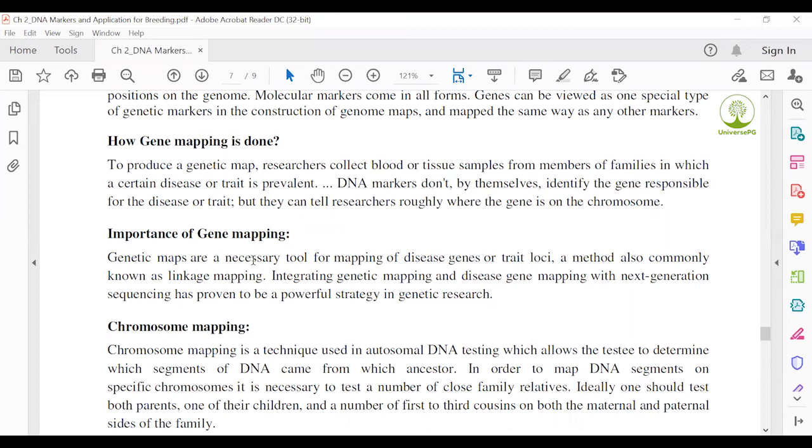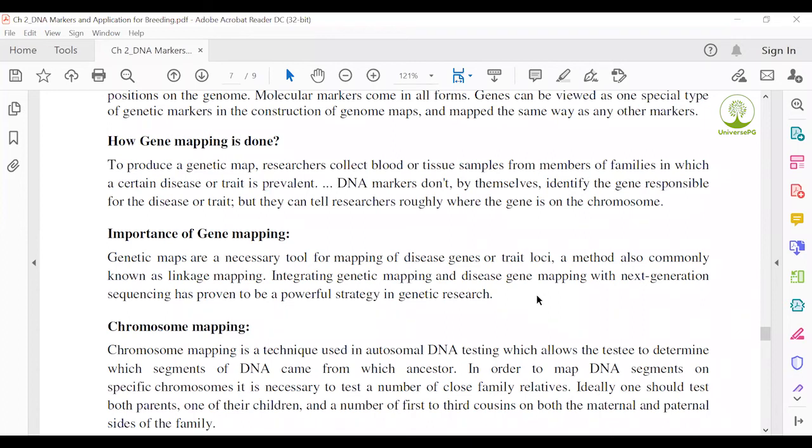Importance of gene mapping. What is the main importance? What is the significance of gene mapping? Genetic maps are a necessary tool for mapping of disease genes or trait loci, a method also commonly known as linkage mapping. Integrating genetic mapping and disease gene mapping, next generation sequencing has proven to be a powerful strategy in genetic research.